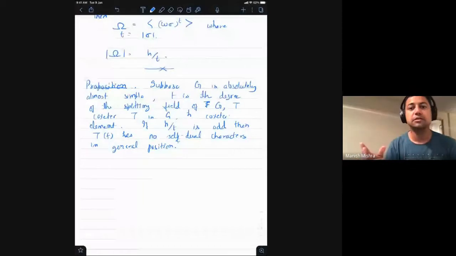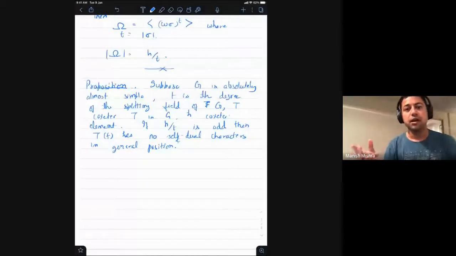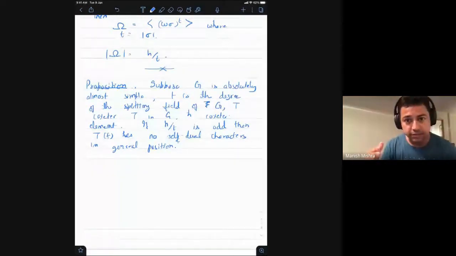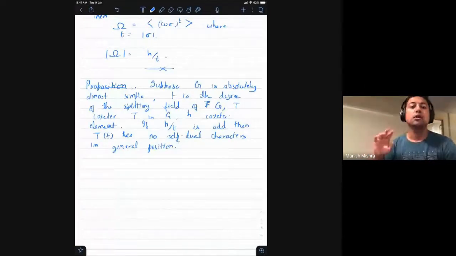So we need to construct such a pair, and to construct self-dual representations, we have to construct such a pair which is conjugate self-dual.